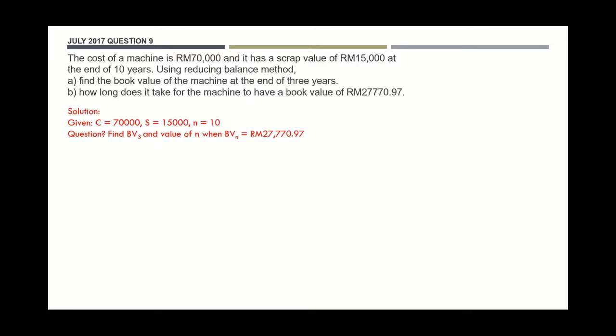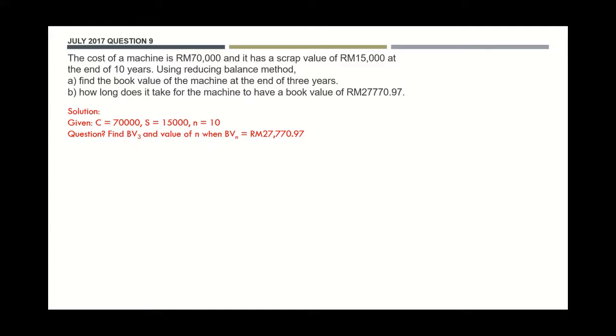And it has two questions here. So one is to find the book value and the other one is to find the duration. So we are looking for BV3 for the first one, and then finding N for the second part. We want to find the value of N when the book value is equal to 27,770.97. So how do we solve this problem?